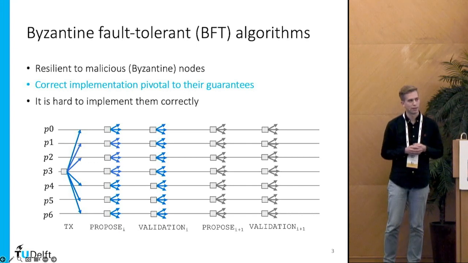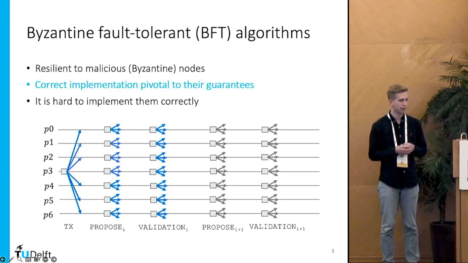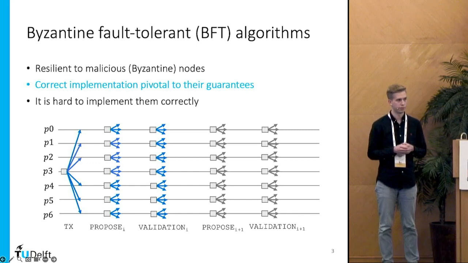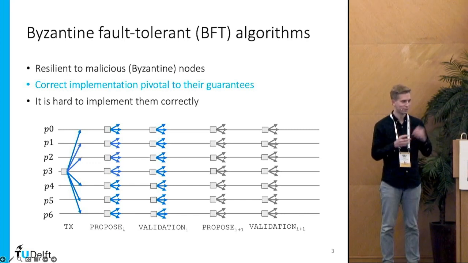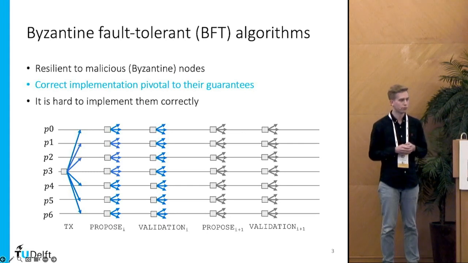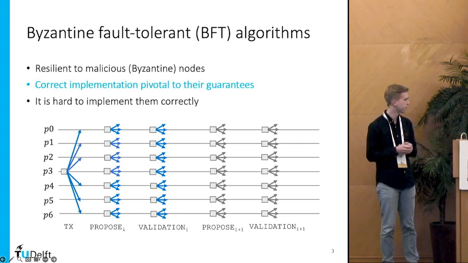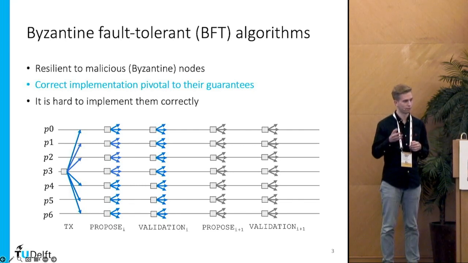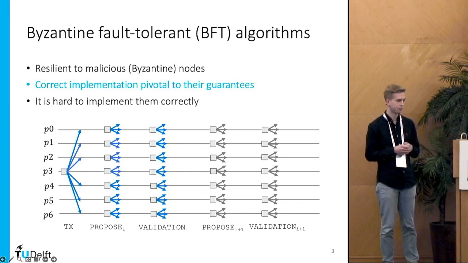Below, you can see the execution of Ripple's XRP ledger consensus protocol, and I show you the messages that the 7 validators that we have in the system exchange throughout time, where time flows from left to right. In general, these consensus protocols are structured into rounds, and as you can see here, we have 5 distinct rounds. 1 transaction round, and then 2 proposal and validation rounds, which alternate.